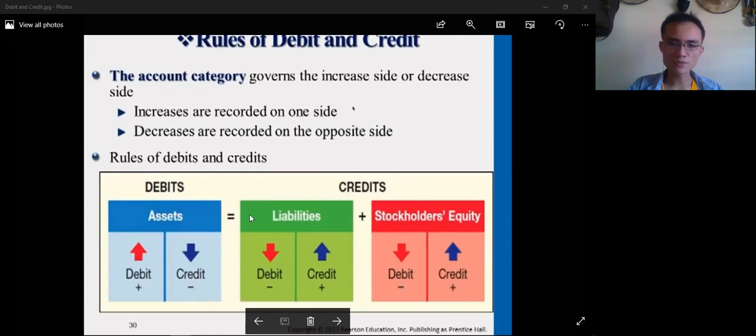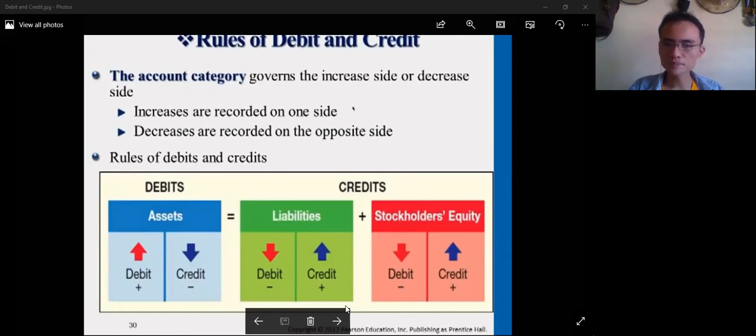These are the three accounts found in the basic accounting equation: assets equal liabilities plus stockholders' equity. This is again the equity of a corporation. Notice that assets increase on the debit side, therefore this is the normal balance, while liabilities and equity increase on the credit side, therefore their normal balances are credits. All right, so that's a review.